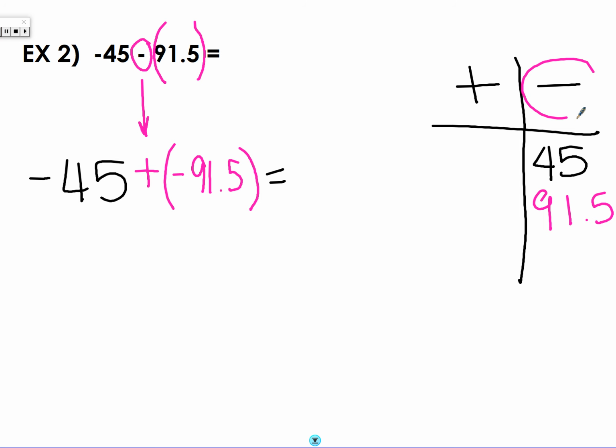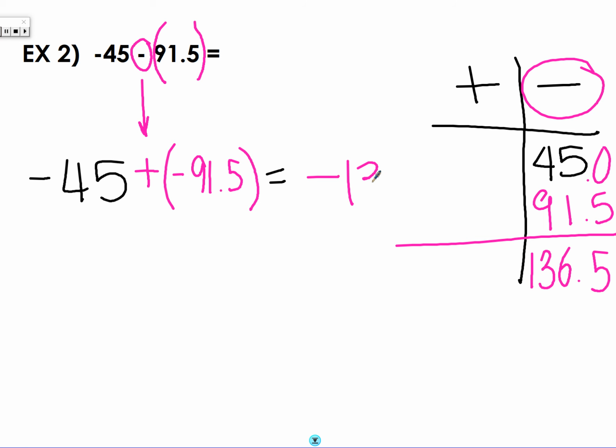You can obviously see that the negative team is winning, and if we were going to ask how much they're winning by, in this case, I would have to add the values together to get the total score of my negative team. And so I end up with 136.5 on the negative team. That's how many points they have. That's also how many they're winning by. So that becomes the answer to this question.